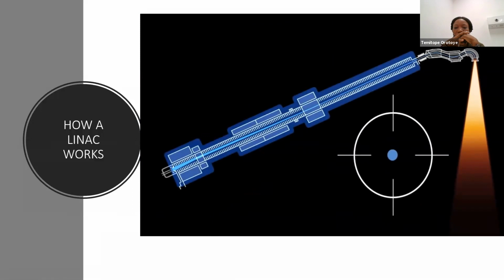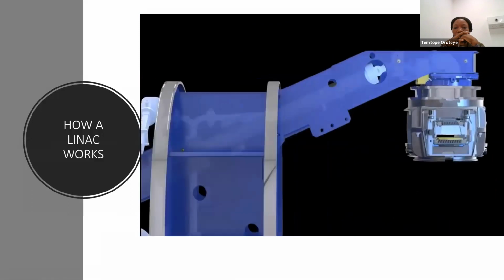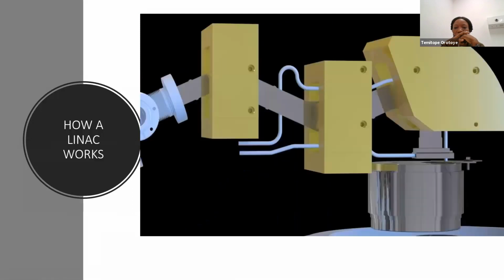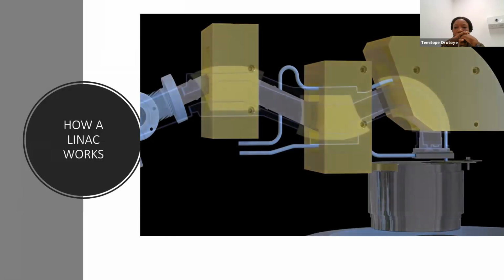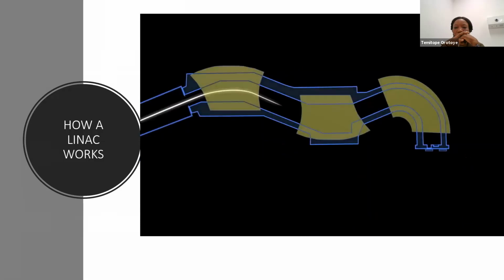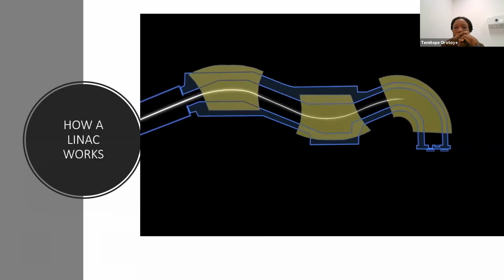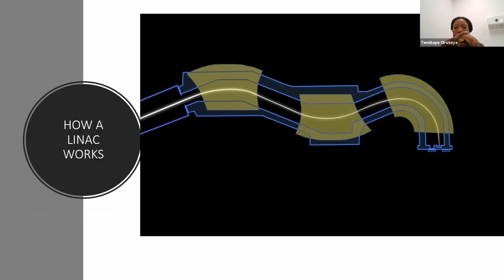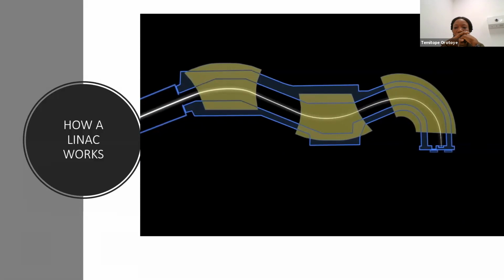The electrons exit the waveguide and enter the flight tube, where the beam is redirected towards the target. The electrons travel along a slalom path within the flight tube. Three pairs of magnets on either side of the flight tube cause the electron beam to bend through the turns of the slalom. This process not only positions the beam to strike the target, but it also further focuses the beam to a diameter of 1 millimeter.